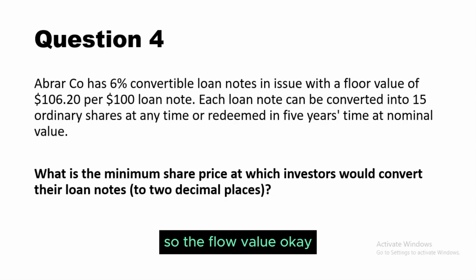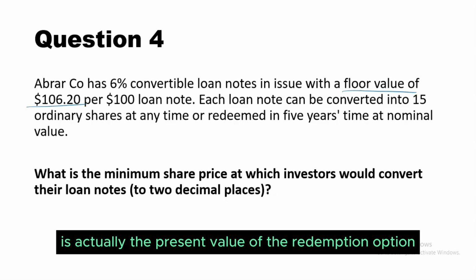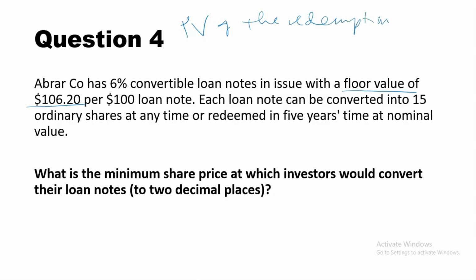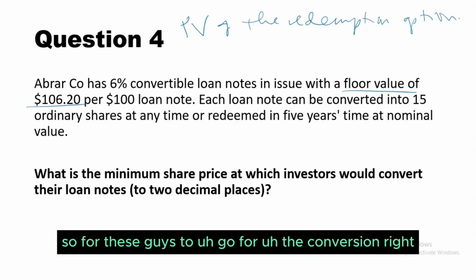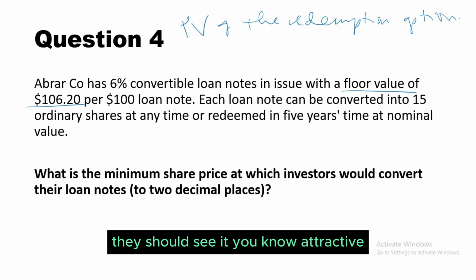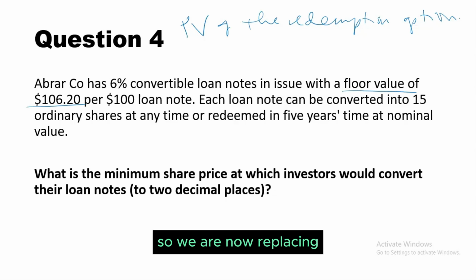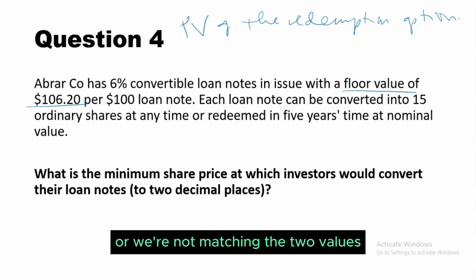So the floor value is actually the present value of the redemption option. Okay, so for these guys to go for the conversion, they should see it attractive.